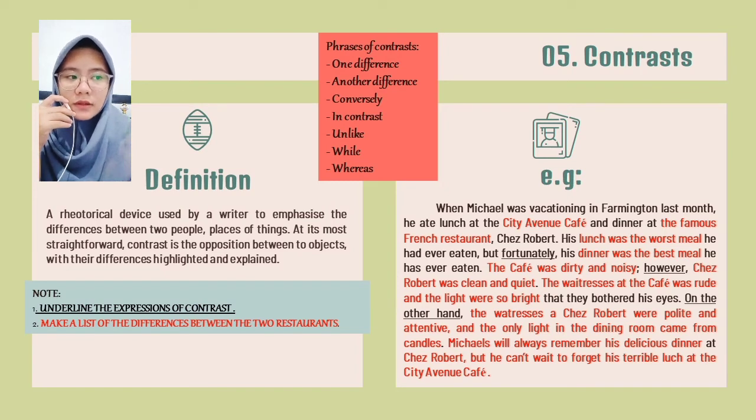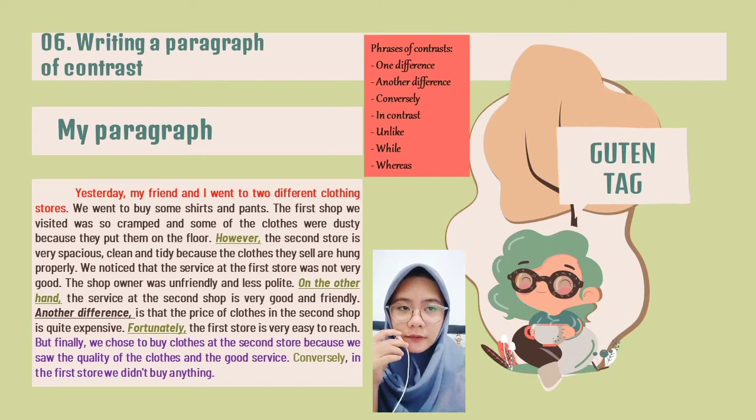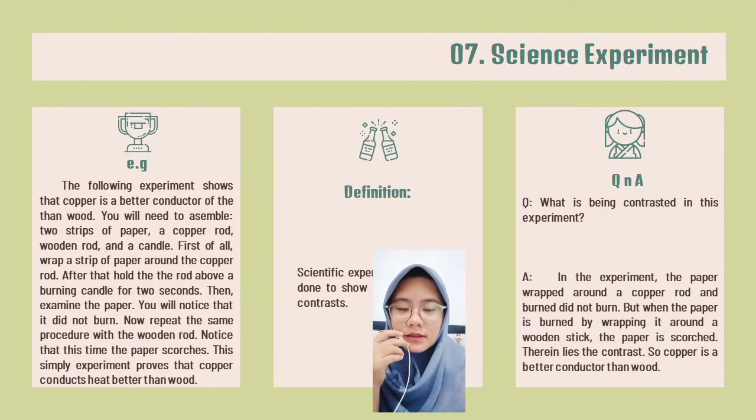So for example, you can see that paragraph. Alright, the sixth material is about writing a paragraph of contrast. So I wrote my paragraph. You can see in my paragraph there are a topic sentence, signal words, supporting sentences, and a concluding sentence.